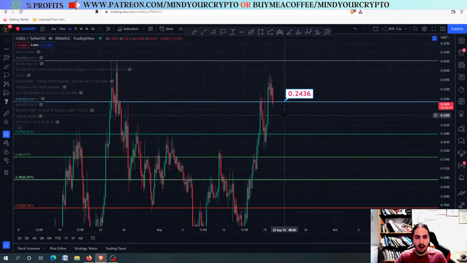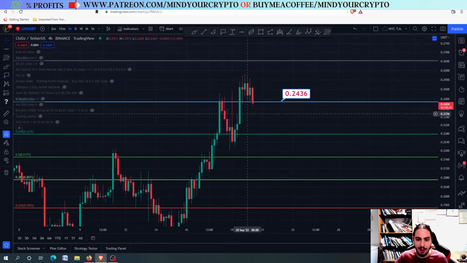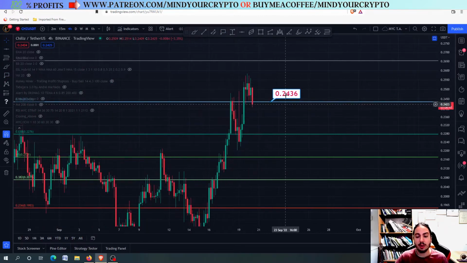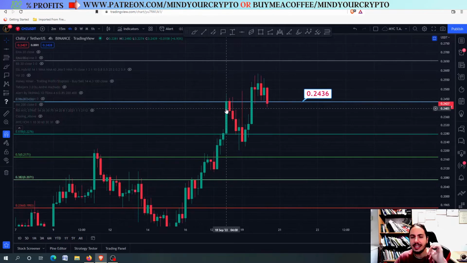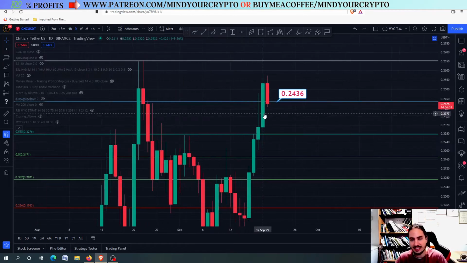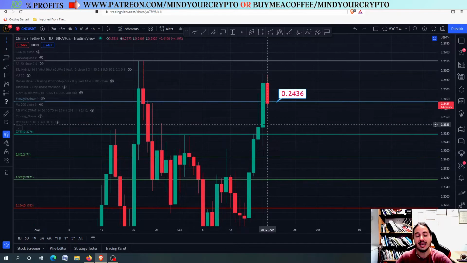What we need to see in the crypto market is the price closing above the 0.2436 in the 4-hour frame, which means each candlestick has 4 hours of price action, or the daily frame, which is the safest, where each candlestick has 1 day of price action. The higher the time frame, the better, and the more minimized the risk.